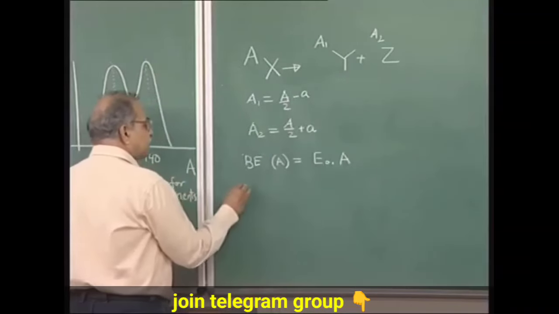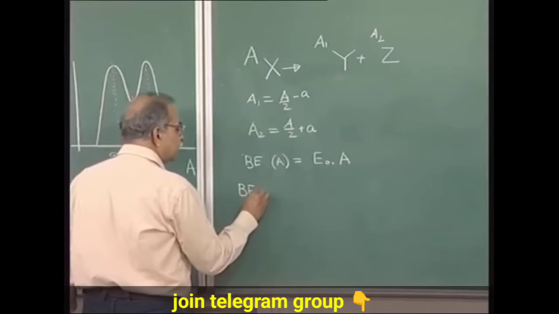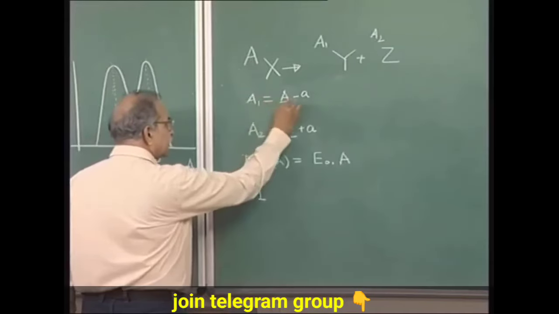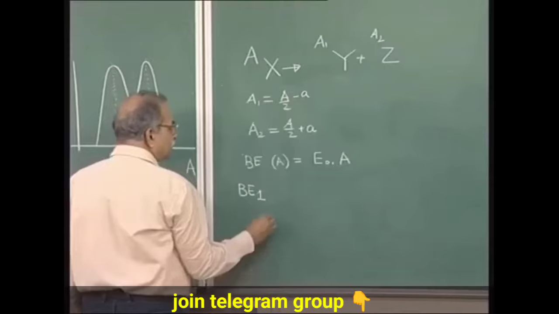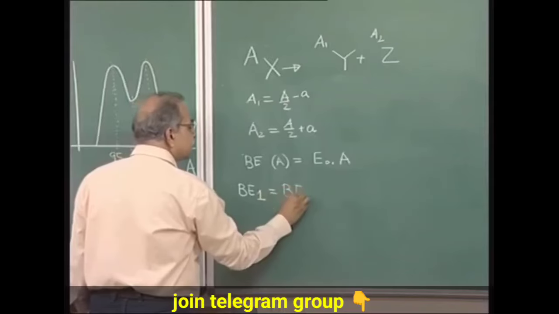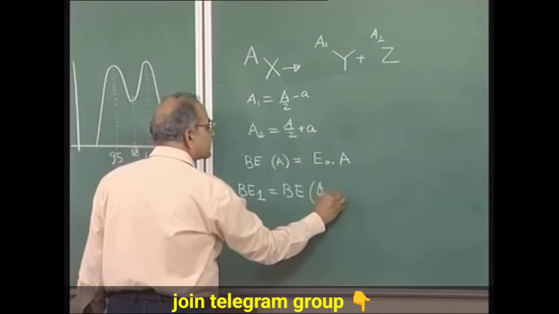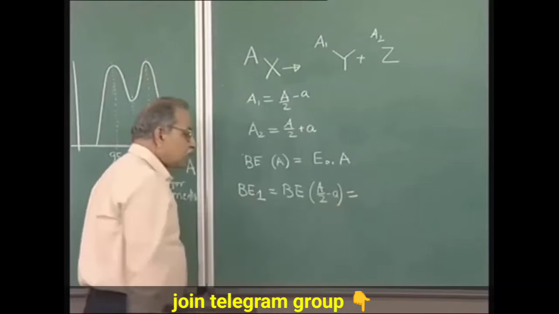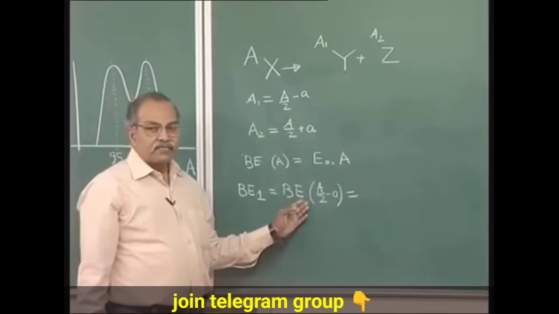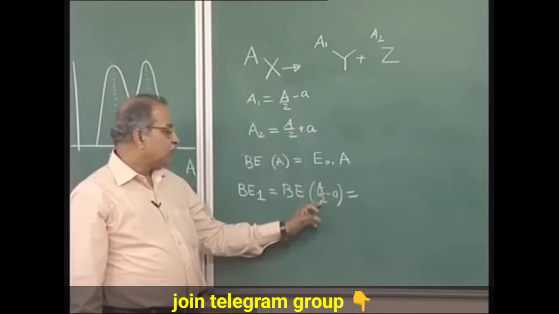Then you have the fragments. So, binding energy for the first fragment BE1 you can write, where A1 is equal to A by 2 minus a. So, its binding energy of this nucleus A by 2 minus a. How much is the binding energy per nucleon at this mass number A by 2 minus a?